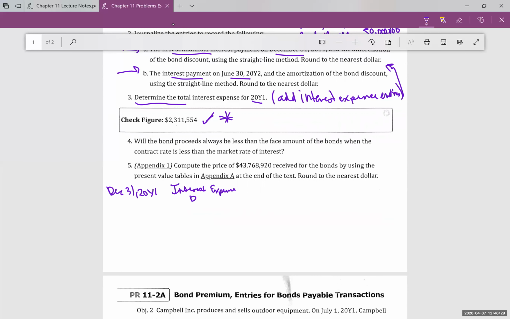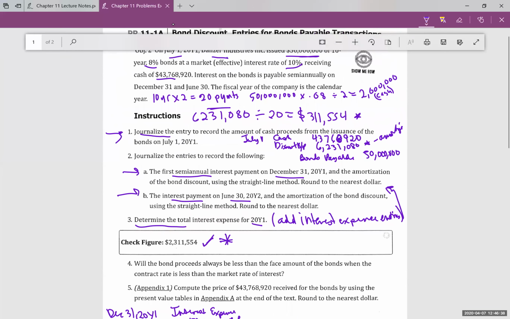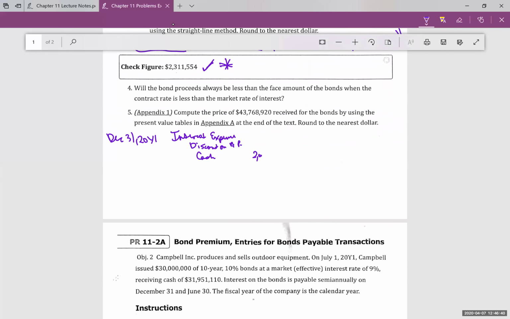The discount is now a credit, the discount on bonds payable. And then the cash. We figured out the cash up above. It was 2 million. We also figured out the amortization amount of the discount on bonds payable, which was 311,554.